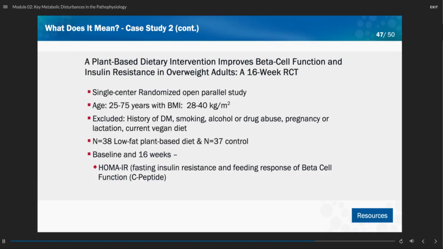They were measured at baseline and 16 weeks, and the HOMA-IR was used to measure fasting insulin resistance, and then the feeding response was done in a functional sort of way, as we discussed previously.